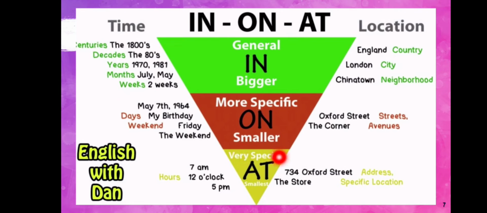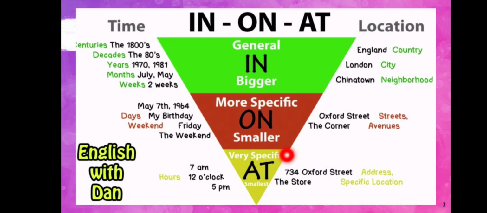Next is at. When you are very specific about something, you have to use the word at. For example, 7 a.m., 12 o'clock, 5 p.m. In front of these words we can use the preposition at: at 7 a.m., at 12 o'clock, at 5 p.m., right?